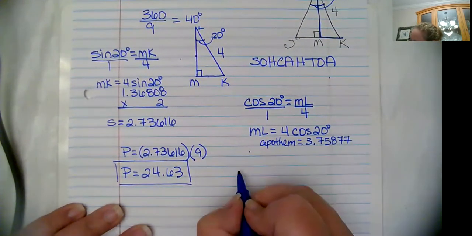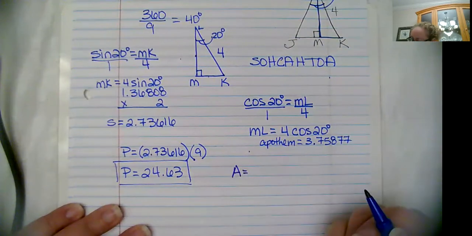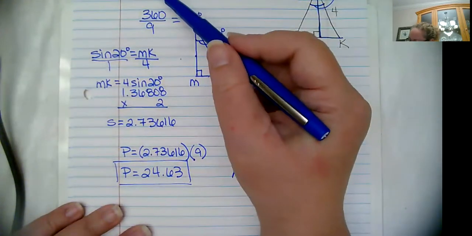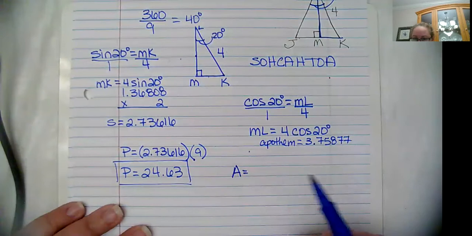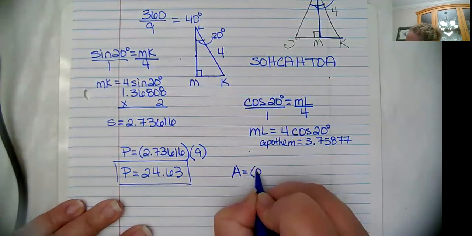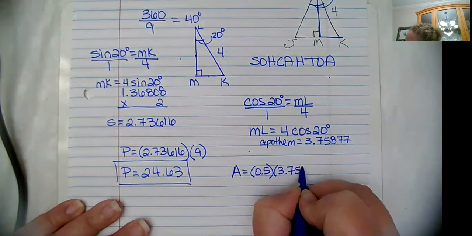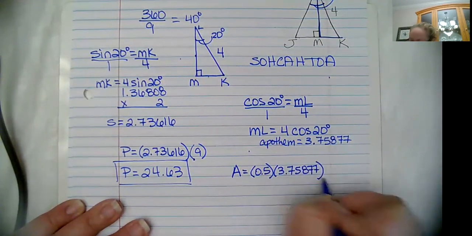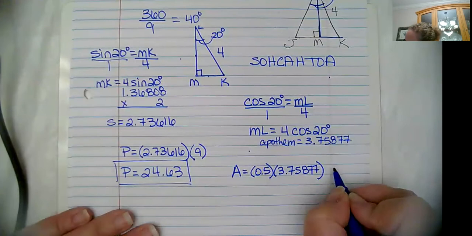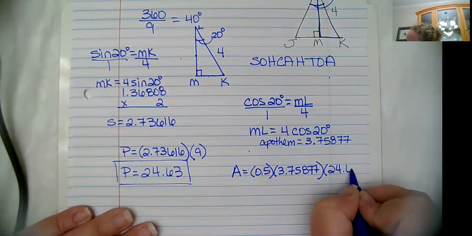Now we're going to find the area. I think we have all of our pieces of information. We have the apothem and we already have our P, so perfect. So 0.5 times our apothem, 3.75877, times our perimeter, 24.63.